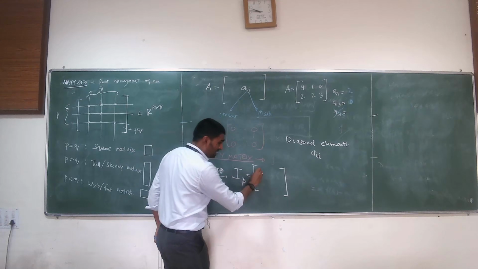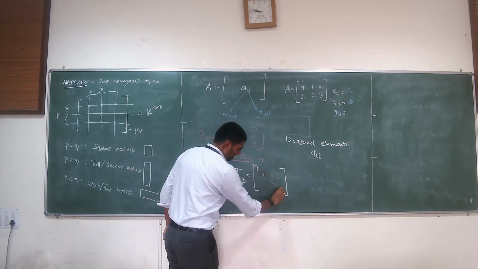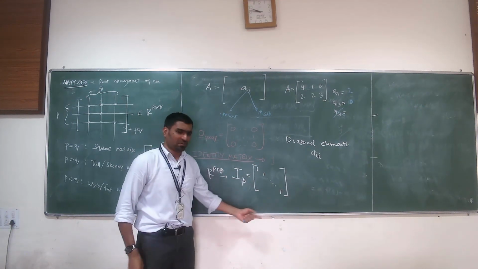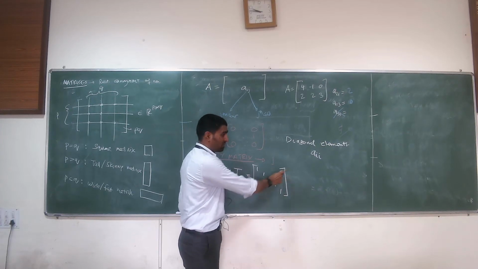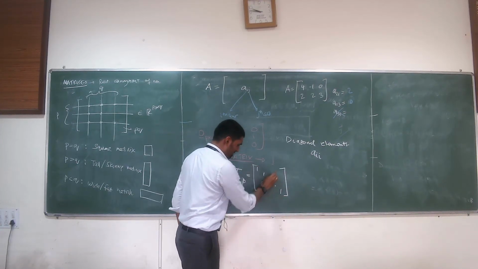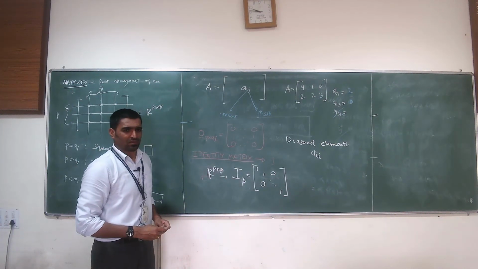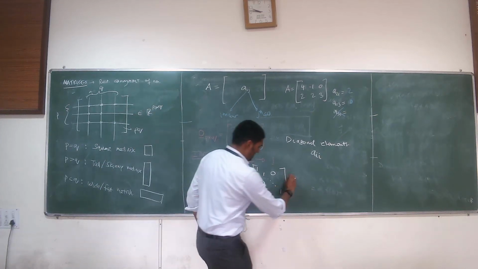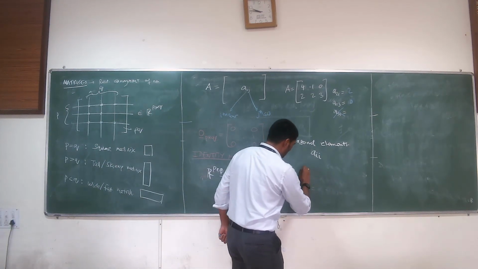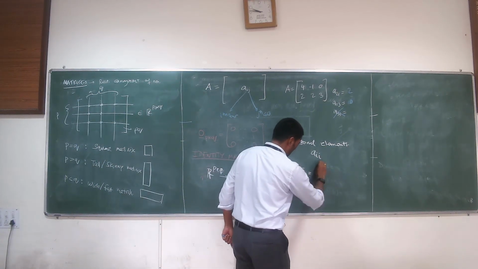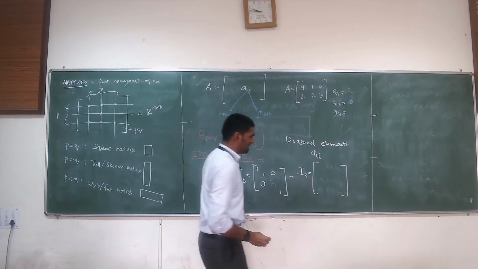In an identity matrix, all the diagonal elements are 1, and all the off diagonal elements, where i is not equal to j, are 0. Now, if I were to ask you to write I3, what would be I3?